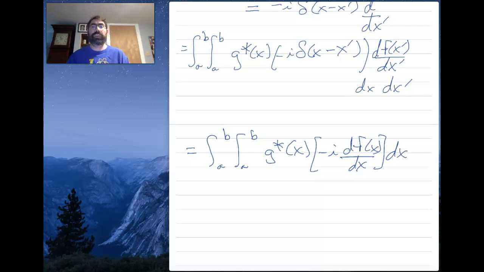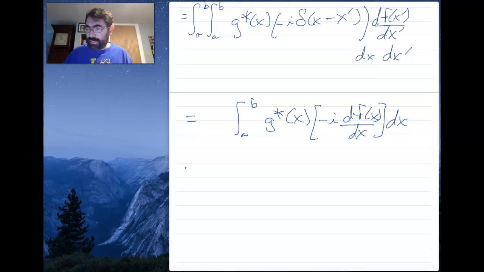Now we have the entire thing written in the space of x, since I integrated over x prime. If we integrate by parts, what do we get?